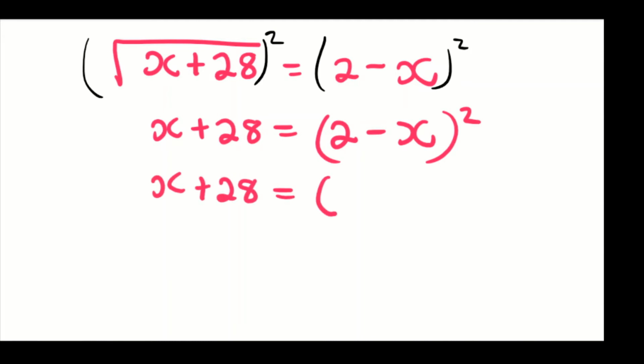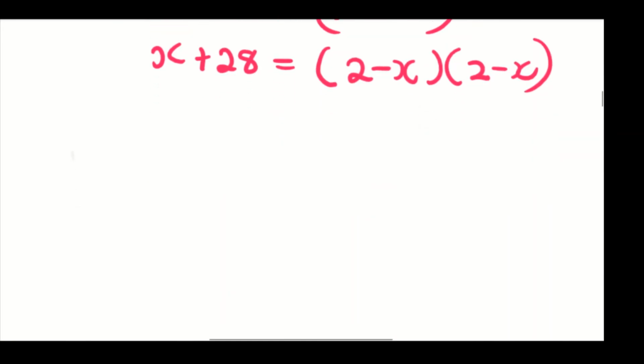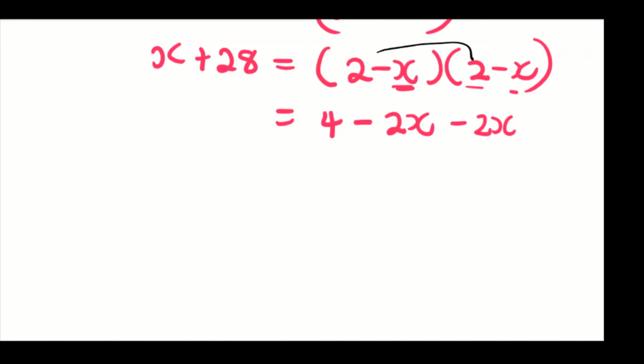So you're going to expand this right hand side, so it's going to be 2 minus x and 2 minus x. 2 multiplied by 2 is 4, then 2 multiplied by minus x is minus 2x, then this minus x times this 2 here is minus 2x, and then minus x multiplied by minus x gives you a positive x squared.